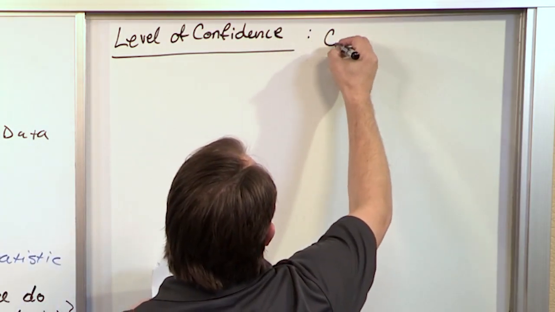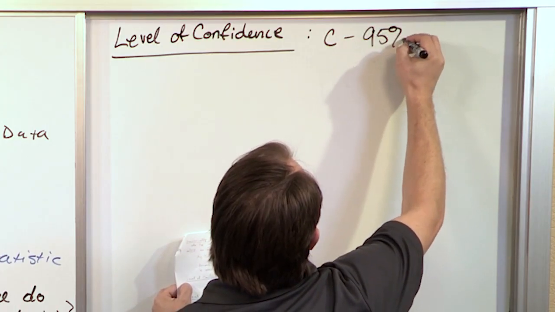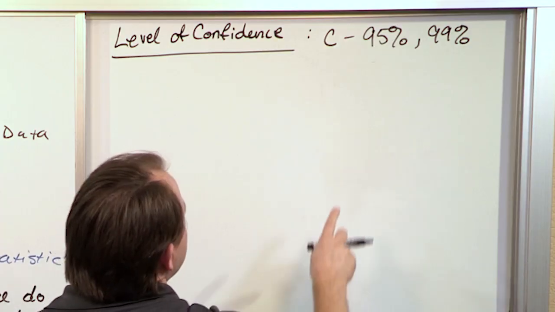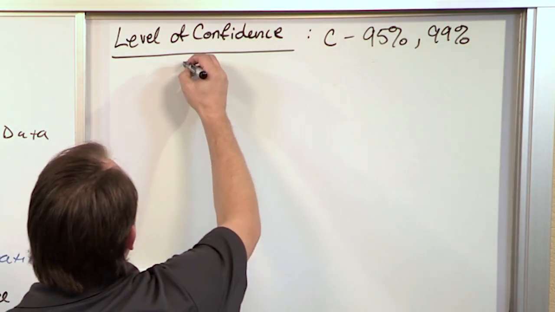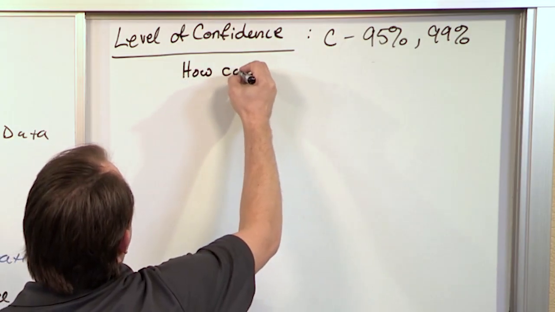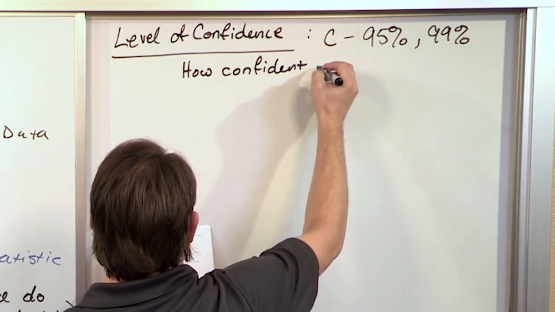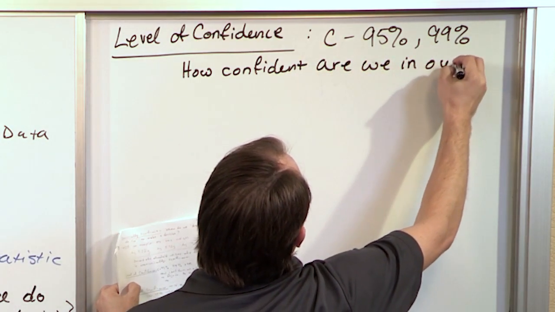The variable is what we call C. And you might say that C is 95% or maybe 99%. Now, of course, when we use C in calculations, we use the decimal form, 0.95 or 0.99. But basically what it is, is how confident are we in our decision.